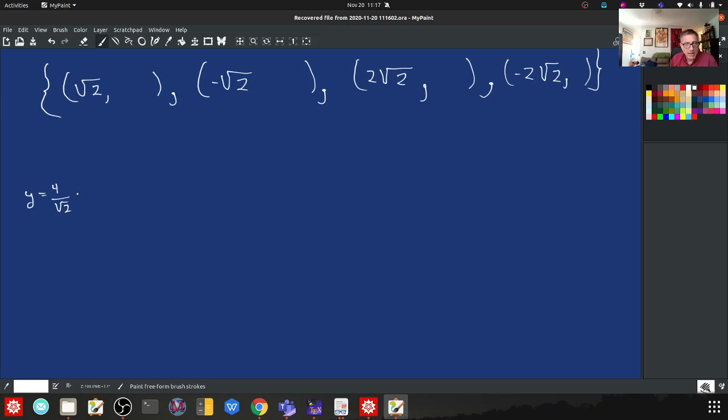I know we're not emphasizing that ability so much in intermediate algebra, but you multiply by the square root of 2 over the square root of 2, so that gives me 4 on the square root of 2. The square root of 2 times the square root of 2 is just 2. So that gives me 2 on the square root of 2.